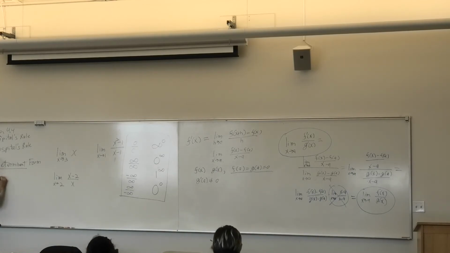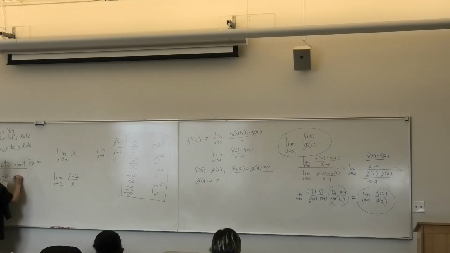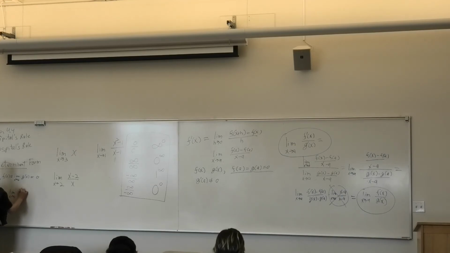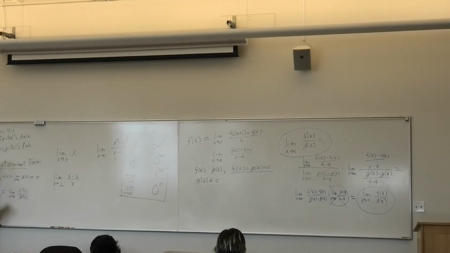If the limit as x approaches a of f of x equals the limit as x approaches a of g of x is equal to 0, in other words, the limit of f of x over g of x as x approaches a is approaching 0 over 0, this is equal to the limit as x approaches a of the derivative of f of x over the derivative of g of x.